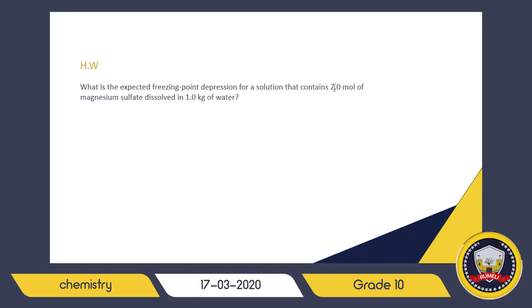We have 2 moles of magnesium sulfate, so we don't need to make any conversion from grams to moles. You just need to find the chemical formula for magnesium sulfate, and make the equation to see for each one magnesium sulfate how many ions of magnesium and sulfate we will get. If we get 2, the final answer should be multiplied by 2. If we get 3, the final answer should be multiplied by 3.